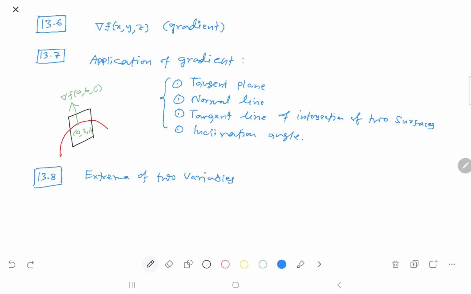Then in 13.9 we see the application of maximum and minimum of two variables, and then in 13.10 we see the Lagrange multiplier method.